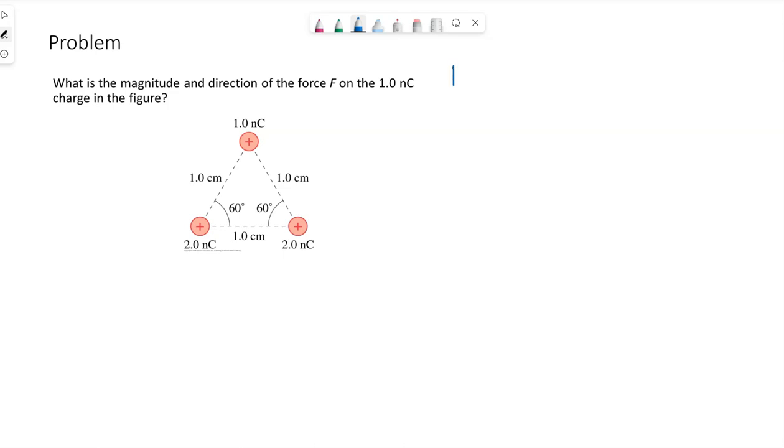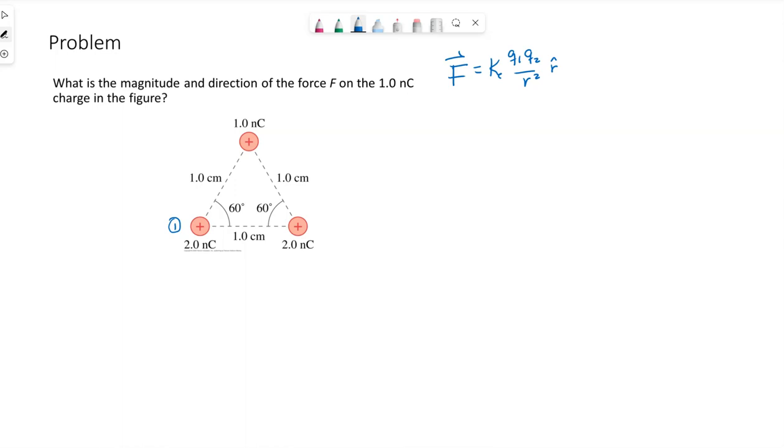So we have Coulomb's law. Coulomb's law is the force on any one charge due to another charge, and specifically for point charges. So I can use this equation for finding the force on the 1 nanocoulomb charge due to this bottom left-hand charge. I'm going to call that charge 1. I know since these charges are both positive that they're going to repel each other.